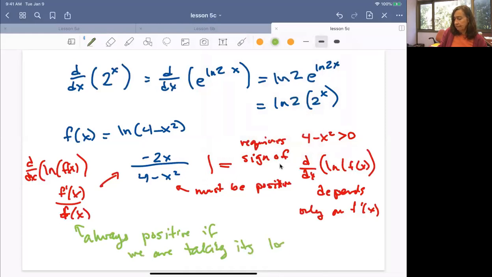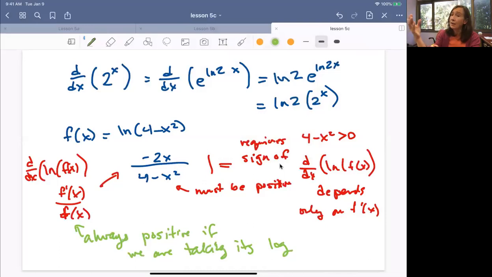So if we want to find the sign of a derivative, and that's a derivative of a function that might have a hard derivative to take, if it's easier to take the derivative of the log of that function, it will have the same sign.